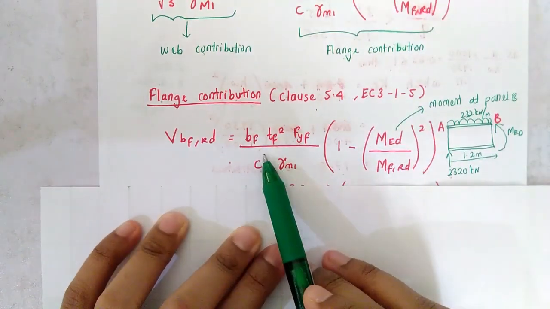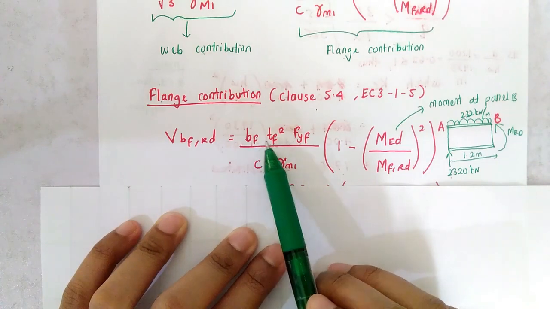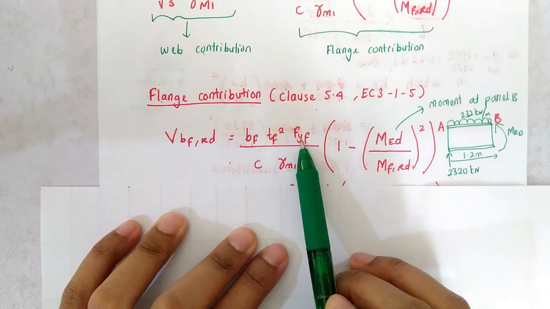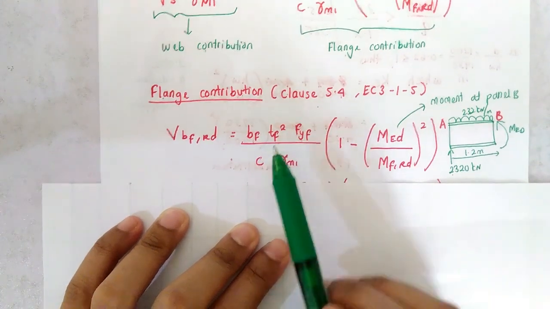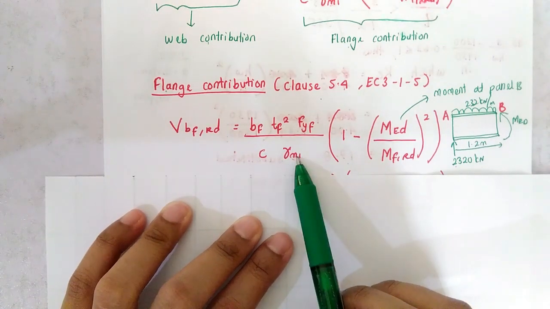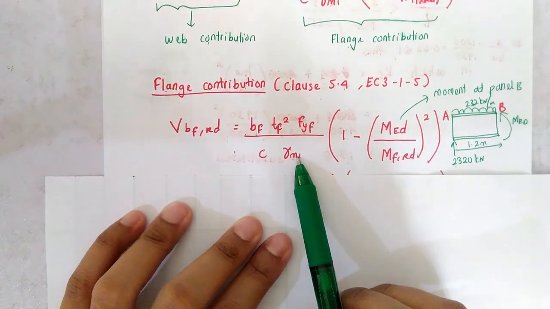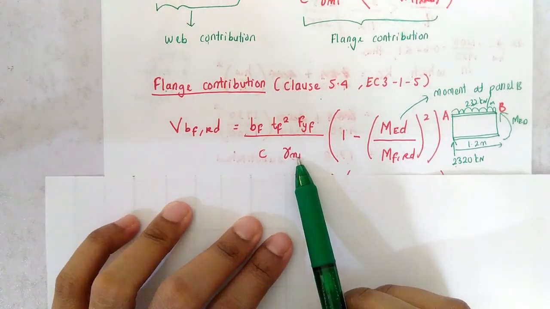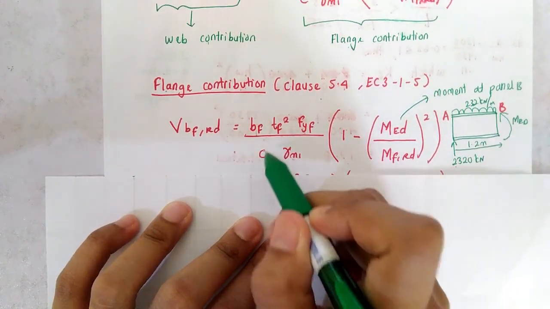In these equations, b_f, t_f, f_yf, you already know what they are, and gamma_M1 is the partial factor. So what is the c value?